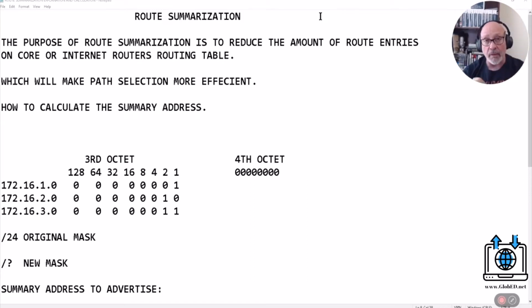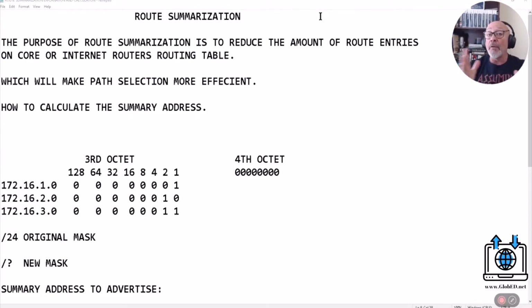if you summarize your networks and you're sending out summary addresses to these core and internet routers, that will make path selection more efficient. Why is that? Because these core routers and internet routers will have a summary of that network address in their routing tables. It will make a quicker decision on which way it should send you, because all those other networks are encompassed in one address.